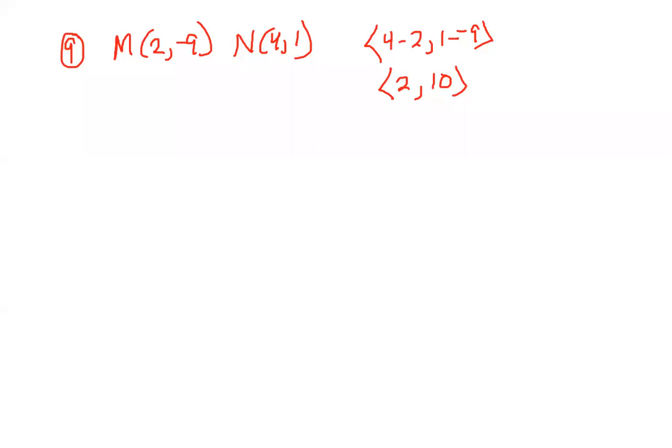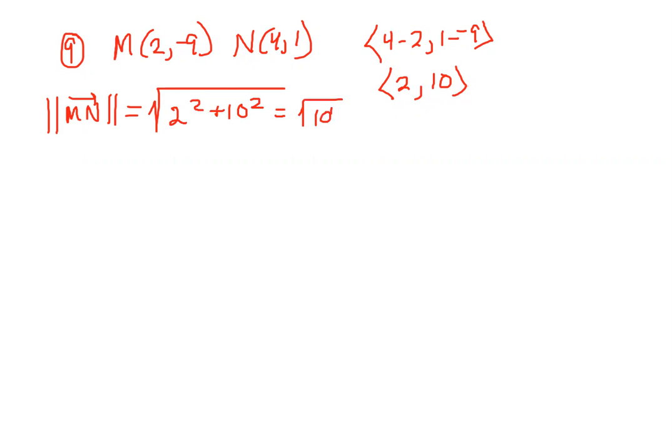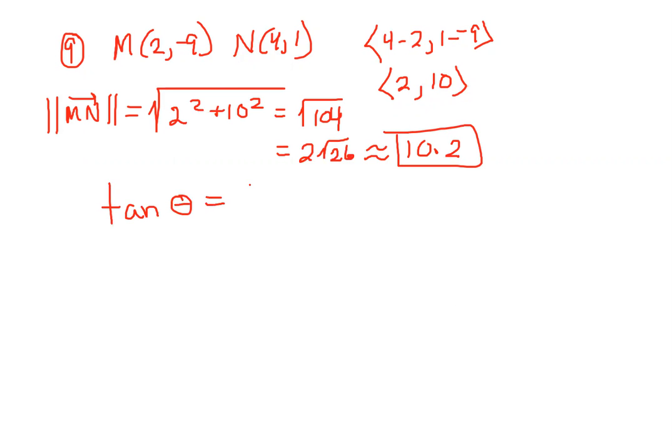Now we can do what we did on the front. We're going to find the magnitude, which is 2 squared plus 10 squared, which is the square root of 104, which is 2 times the square root of 26, or approximately 10.2. There's our magnitude. Our direction angle is tangent theta equals 10/2, which equals 5. What quadrant is this in?